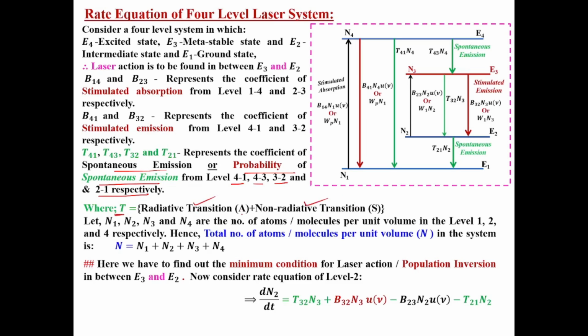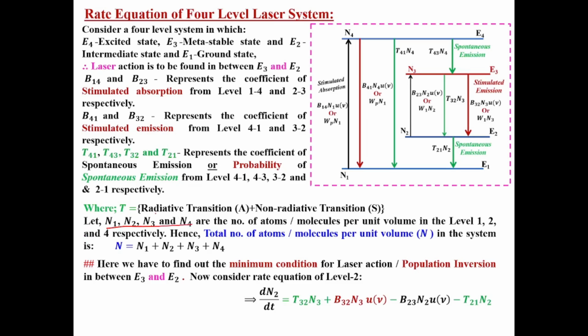Radiative transition is represented by A, non-radiative transition by S. If a transition contains both radiative and non-radiative transitions, it is represented by T. If it contains only radiative transition, it is represented by A instead of T. Likewise, if only non-radiative transition happens, it is represented by S. These things we also discussed in our previous classes.